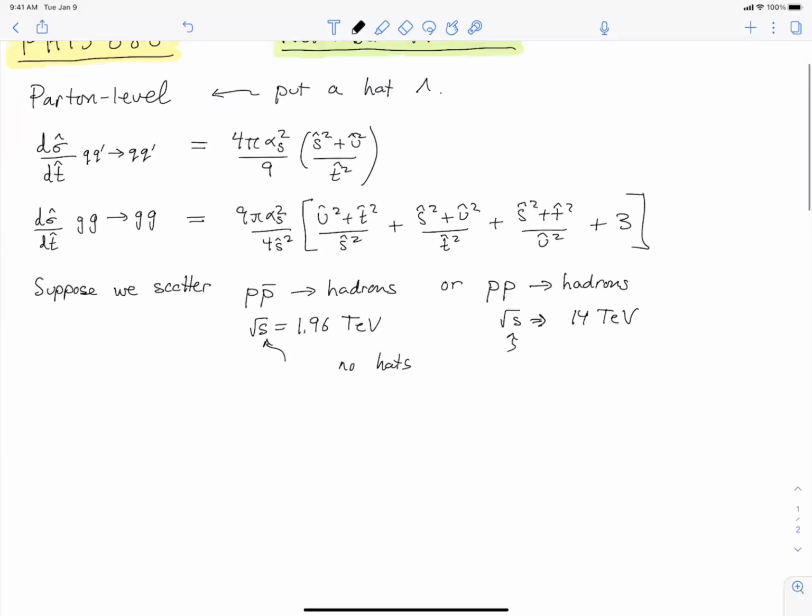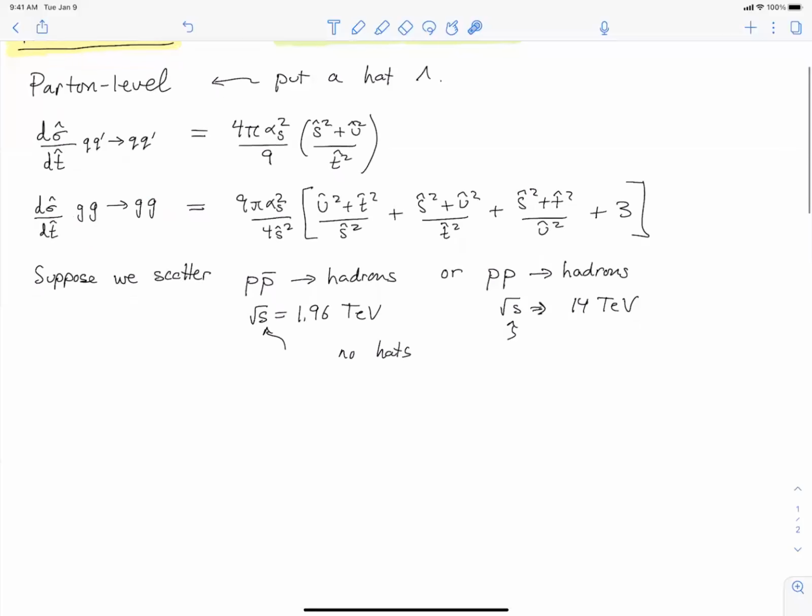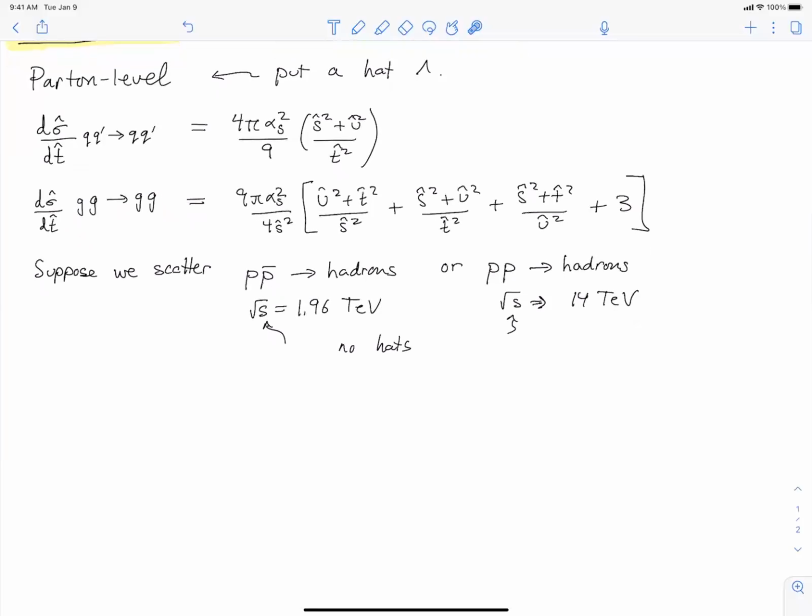The reason is that the hadrons and protons are composed of gluons and quarks. The microscopic thing that's going on is this scattering, but those constituents are called partons, and they're only parts of the proton and antiproton or proton-proton.